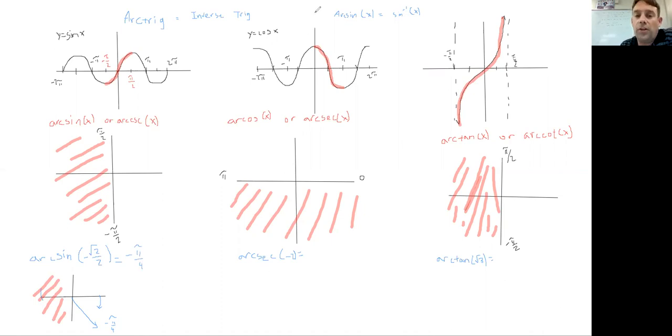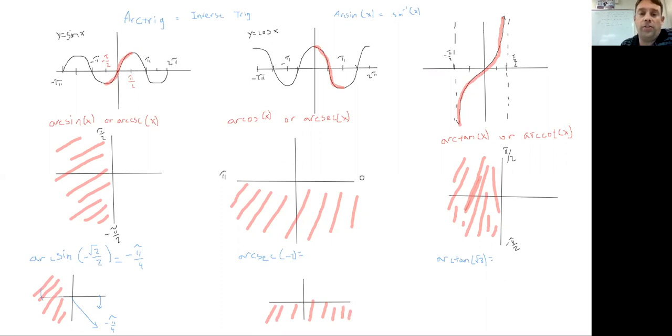Likewise, arcsecant. So first thing we did is we went ahead and we drew in our no-fly zone there. Try to figure out where we couldn't go. So arcsecant is the reciprocal of arc cosine.